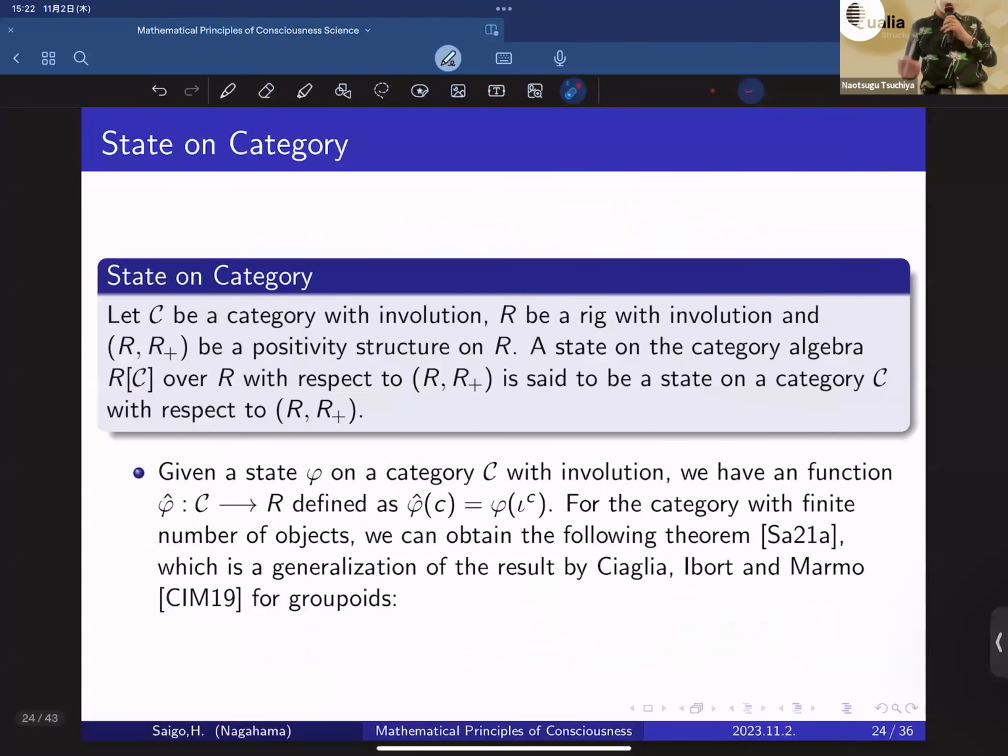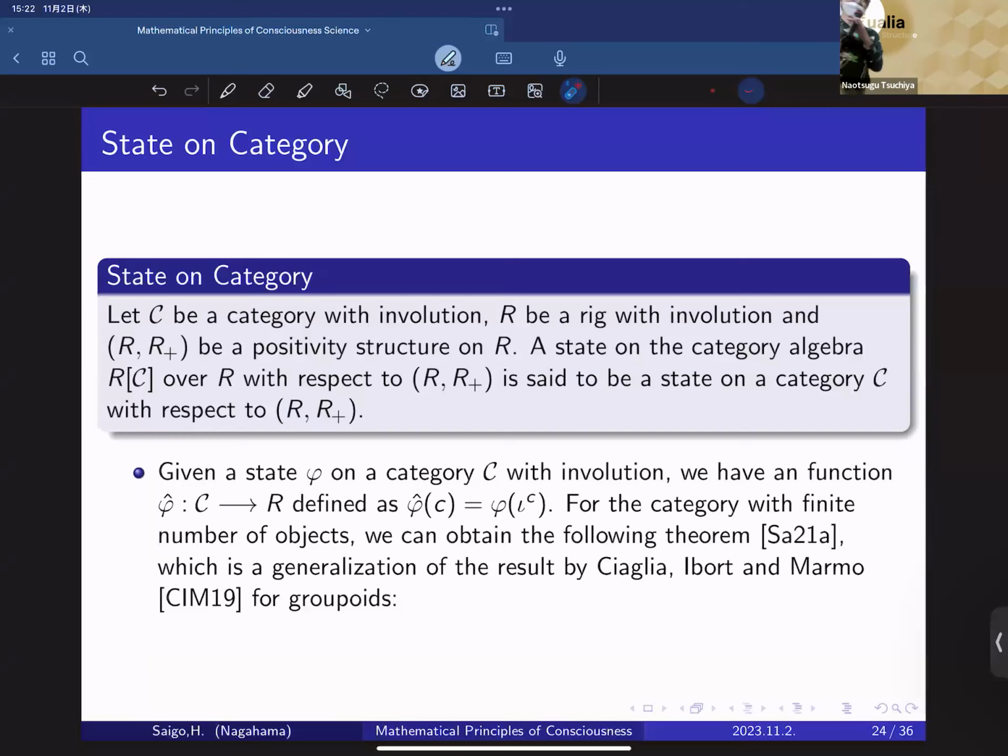Okay, so then the notion of state on a category comes. This should be named state on category algebras because the state is a linear function defined on the algebra. So it should be algebras.